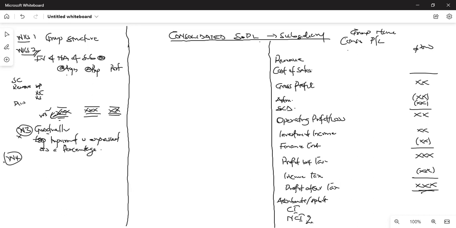Now that one too is still the NCI, just as we have in the consolidated statement of financial position. What we need here is the profit sharing, okay? We will need the profit for the year for the subsidiary.